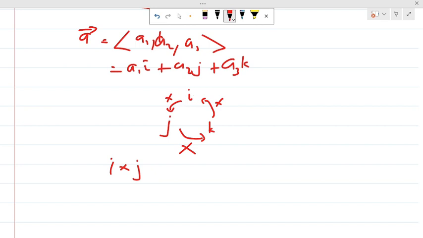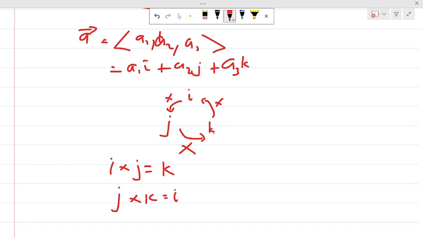So i cross j is going to give you what? k. I cross j is going to give you k. Now we know this from the diagram. Please follow the diagram. Now say j cross k is going to give you i. Now let's say we are doing it in the backward position.